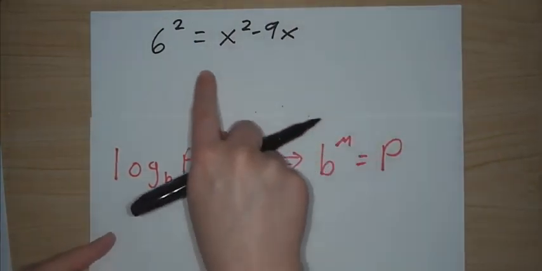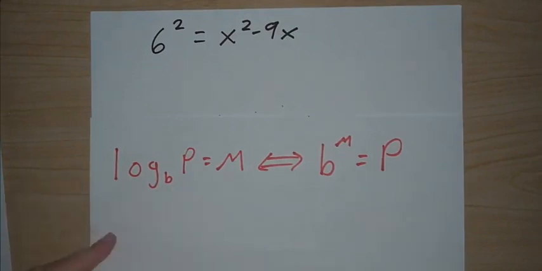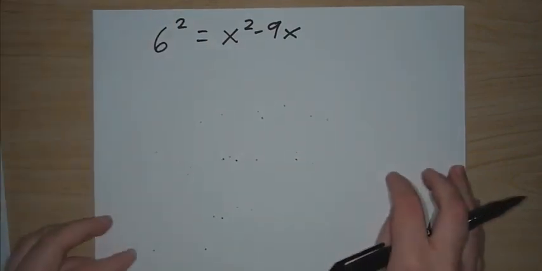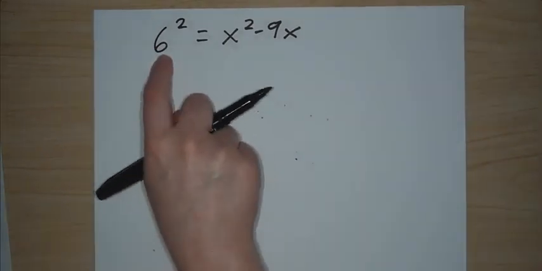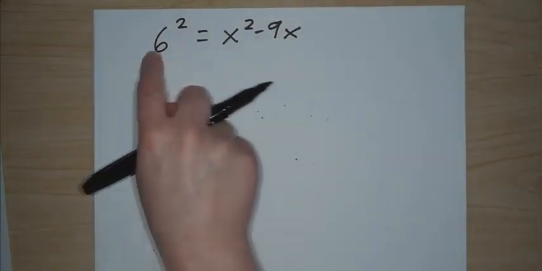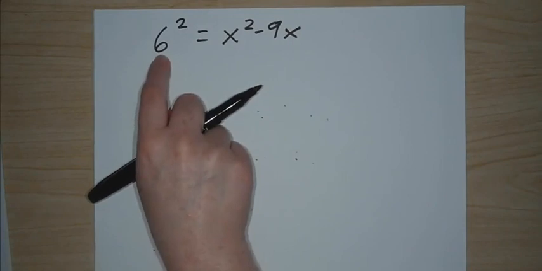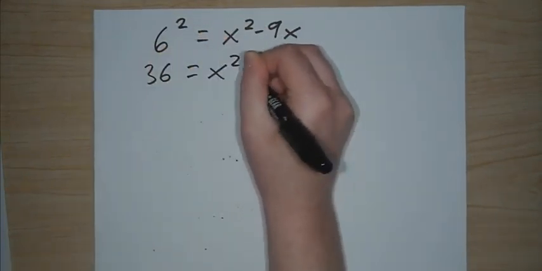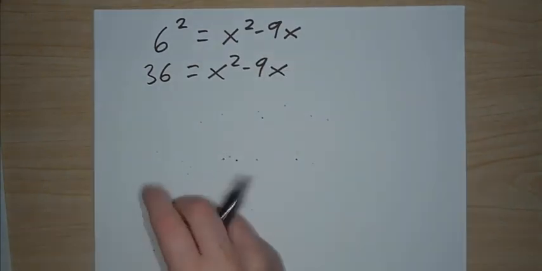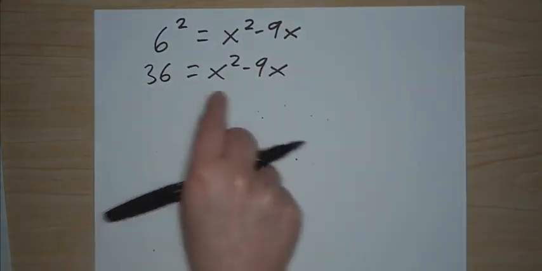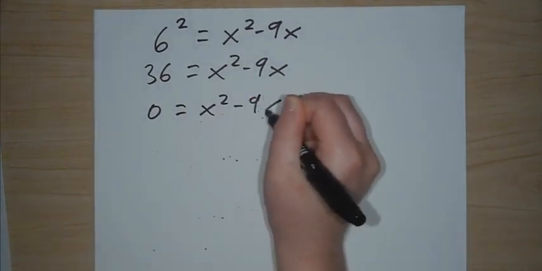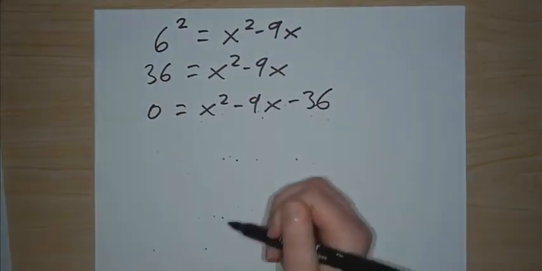So we've successfully rewritten this logarithm into exponential form. So now we're going to rewrite 6 squared as 36. And then we're going to subtract 36 on both sides. So we have 0 is equal to x squared minus 9x minus 36.